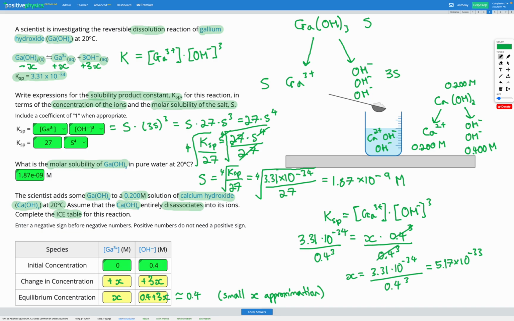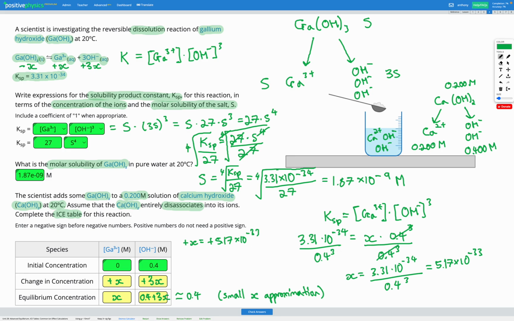Awesome, so we found x, so we can now go ahead and fill out in our table what our changes in concentration will be. So for gallium 3+, we have plus x, which is just going to be plus 5.17 times 10 to the power of negative 33.